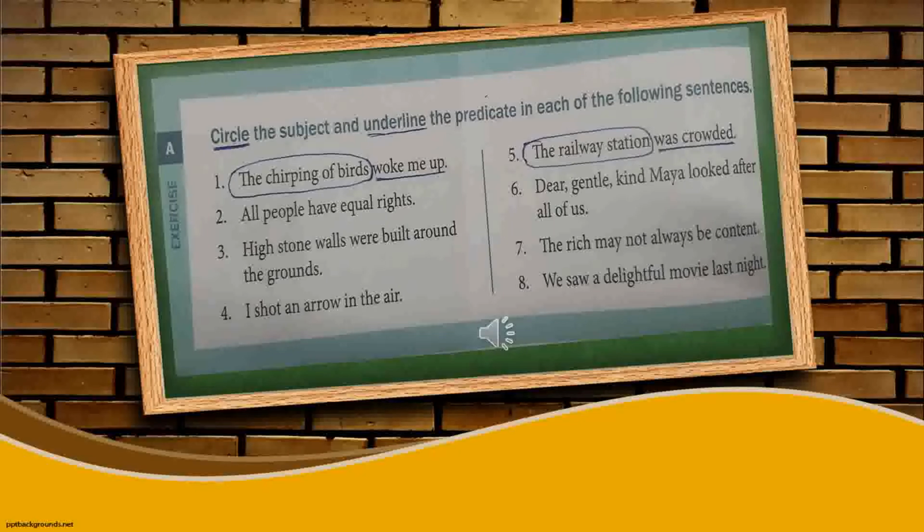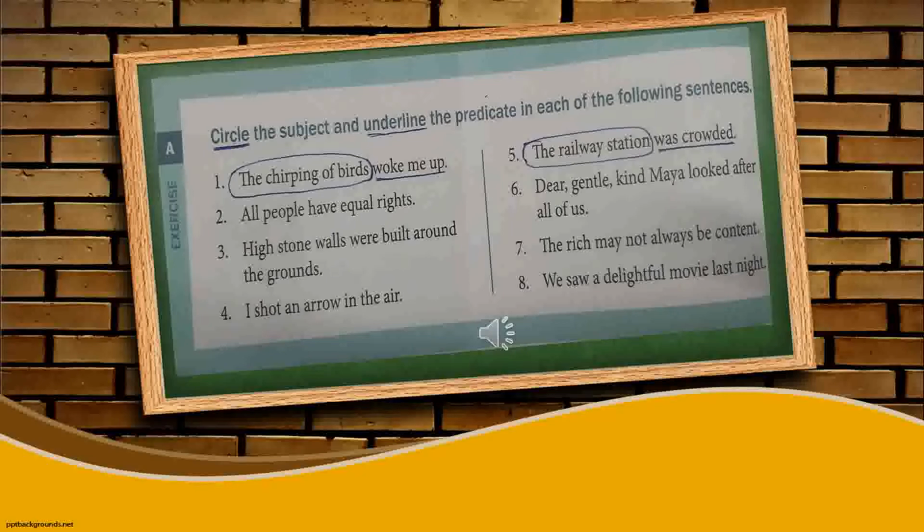Out of 8 questions given here, I have already solved 2. In the first case, the chirping of birds woke me up. Here the chirping of birds is taken as the subject, so I have made a circle around the subject.